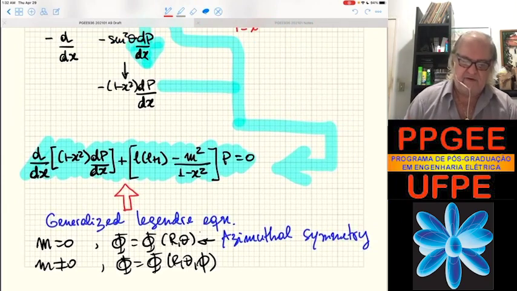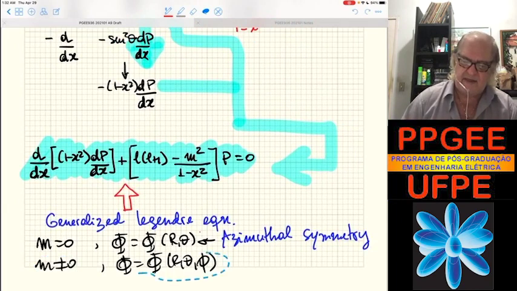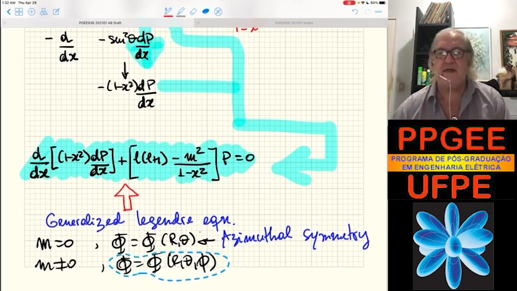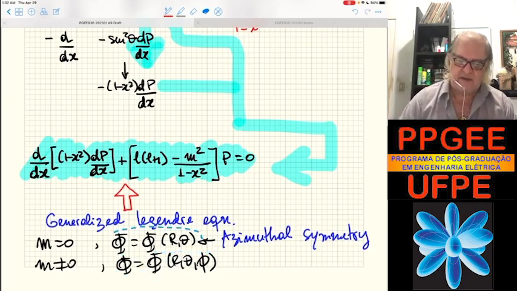We are going to see a couple of those. Okay, and for non-zero m, then we have the full dependence of the potential with three coordinates in spherical coordinates, right? We are going to start by looking at the problems having azimuthal symmetry.